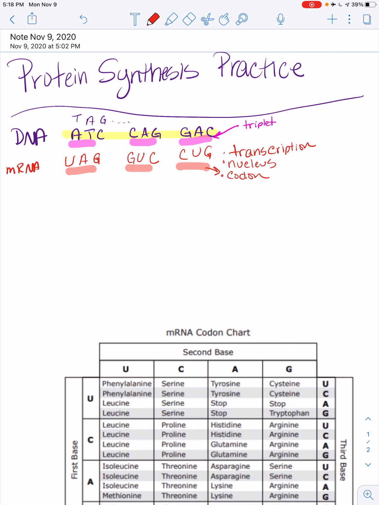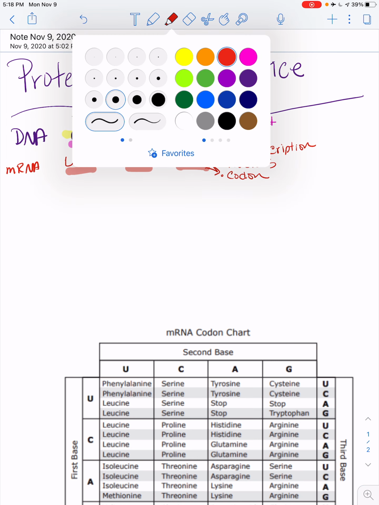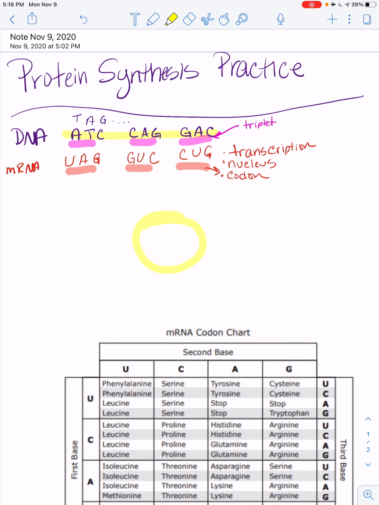So let's say that this mRNA has found itself a ribosome. And there's actually 2 little spots to the ribosome. And let's go ahead and rewrite this. So UAG, GUC, CUG. So again, this is mRNA.